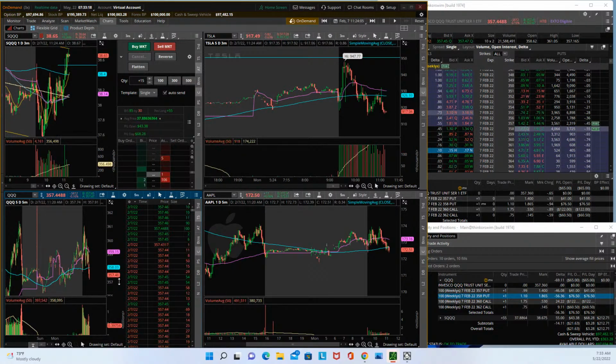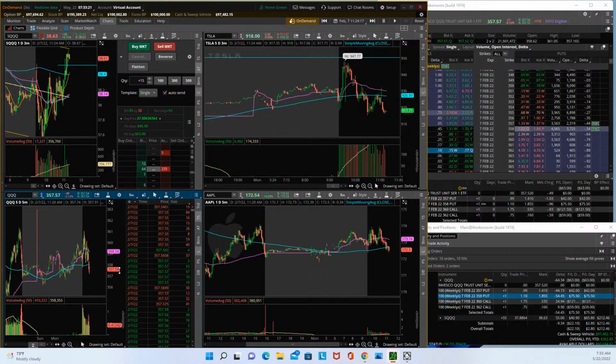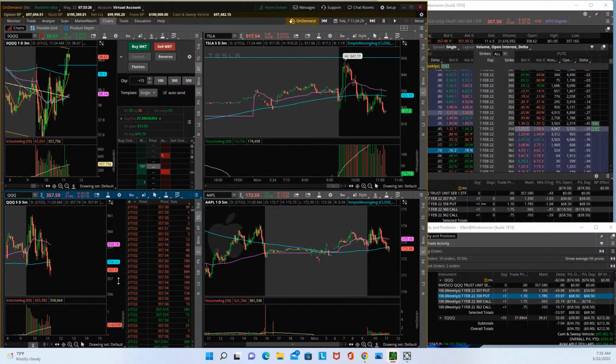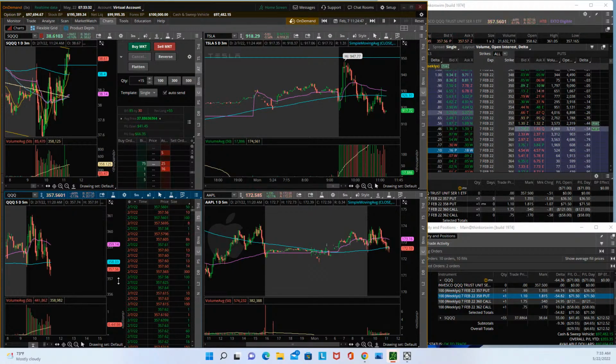Oh, it seemed like all was lost. And now, are we going to get further continuation? Close this 5-minute candle. Come on.